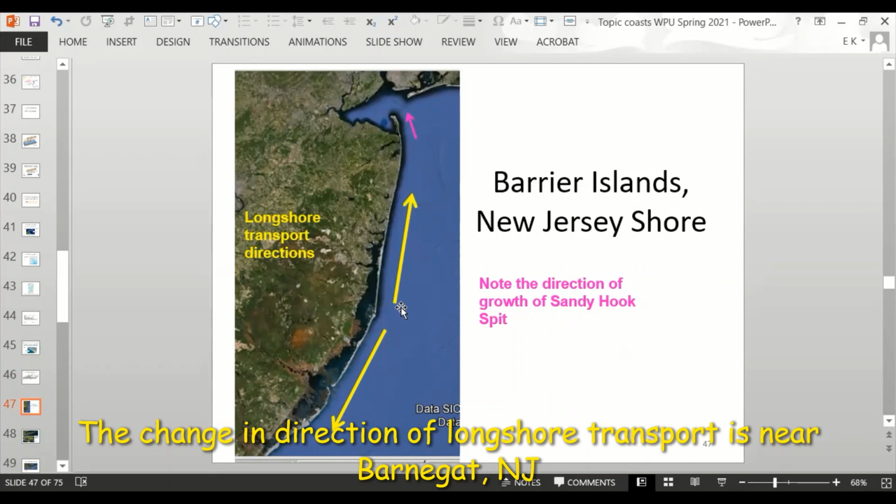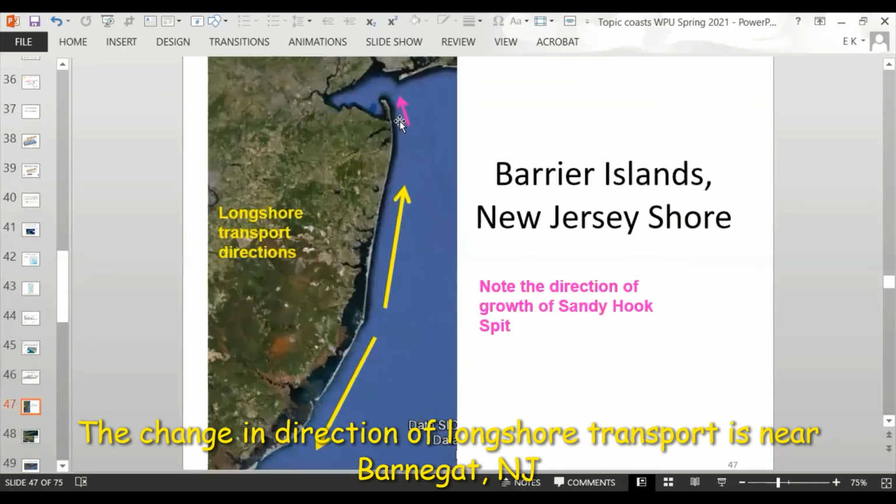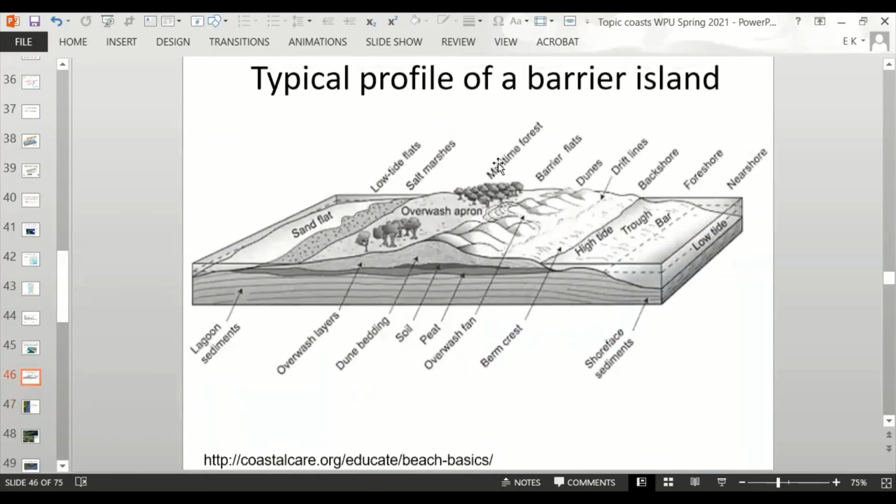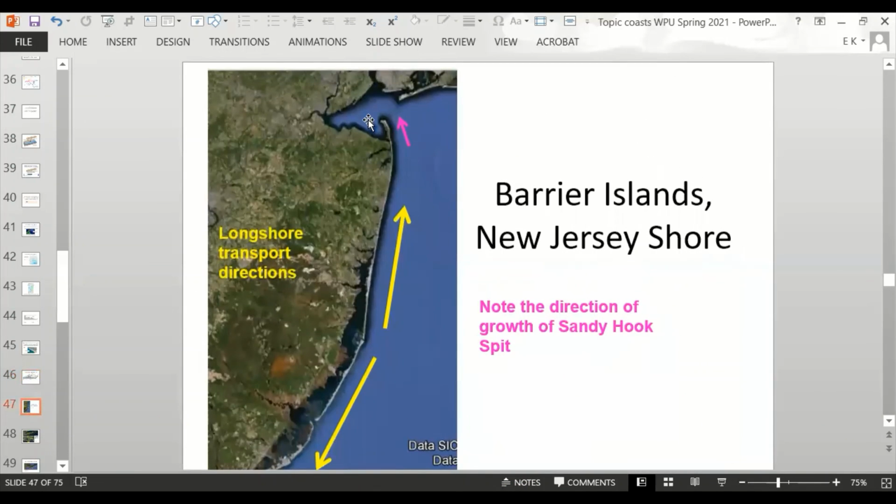So at some point, the transport moves southward, and then over here it moves northward, and then all the way here by the Raritan Bay and Sandy Hook Bay, you have a spit. That's the Sandy Hook Spit. So it grows northward with longshore transport.